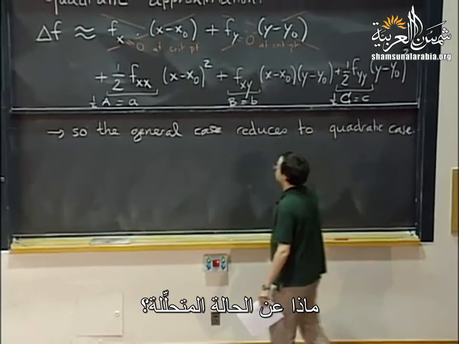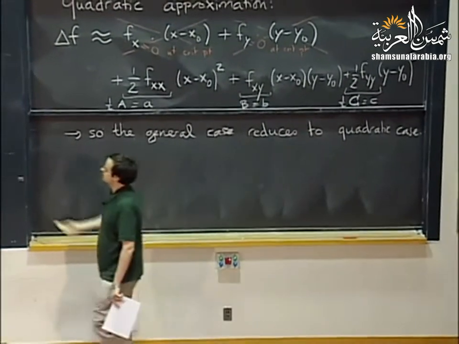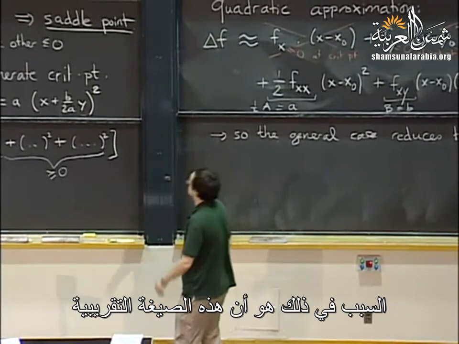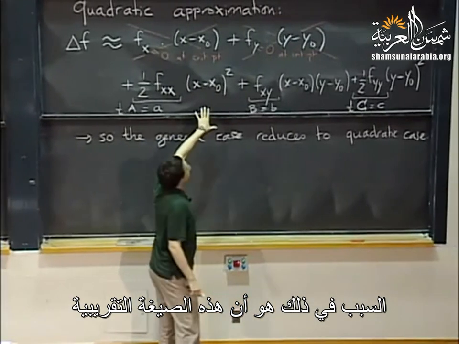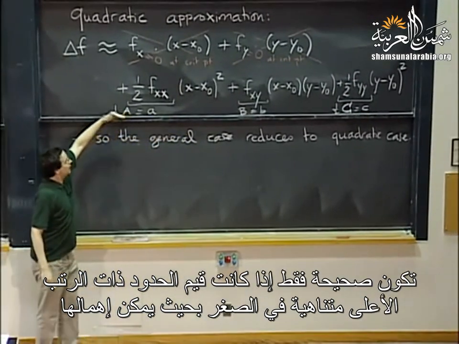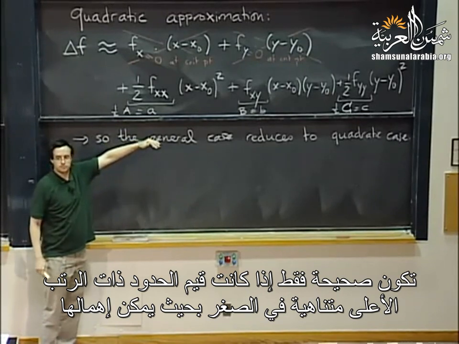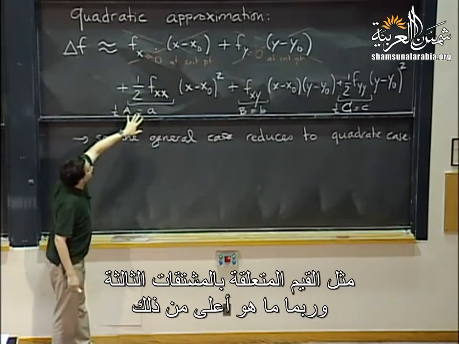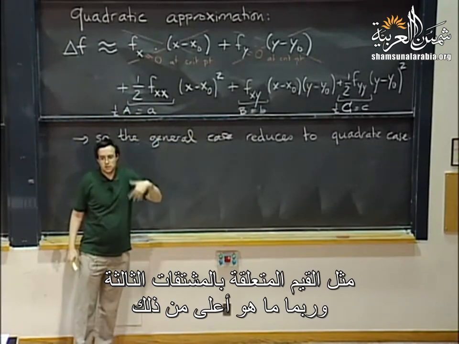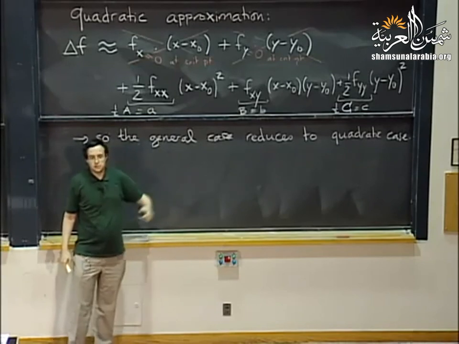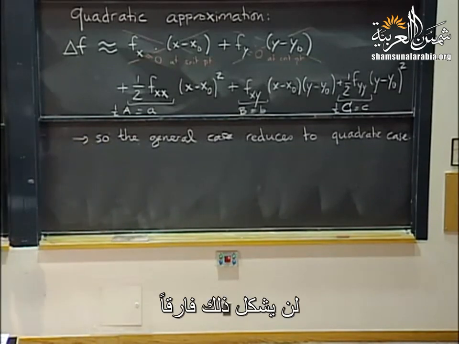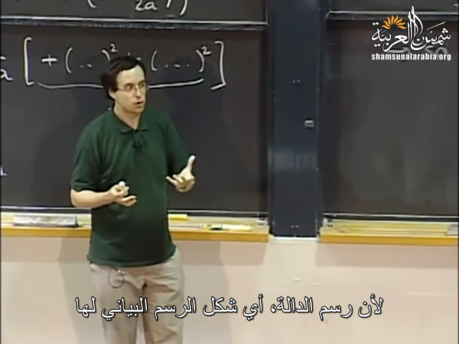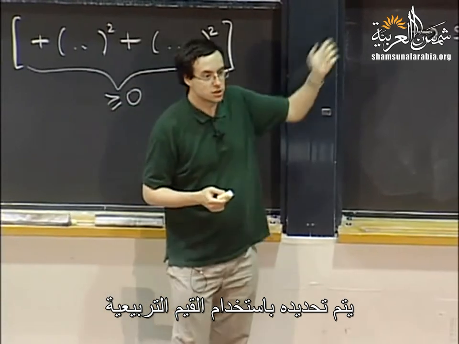So what about the degenerate case? Why can't we just say it's going to be a degenerate critical point? The reason is that this approximation formula is reasonable only if the higher order terms are negligible. Secretly, there's more terms. This is only an approximation. There would be terms involving third derivatives and maybe even beyond that. In the non-degenerate case, they don't actually matter because the shape of the graph is determined by the quadratic terms.